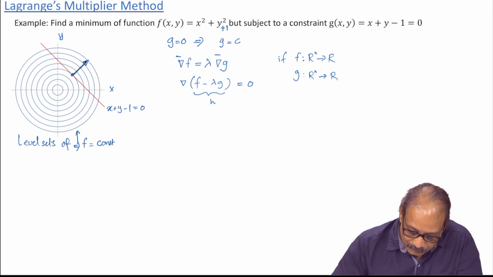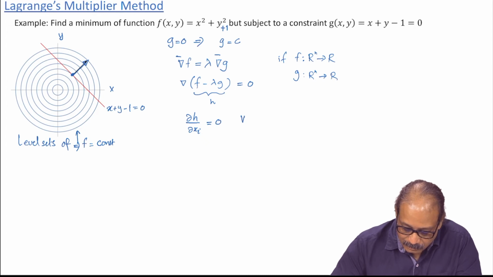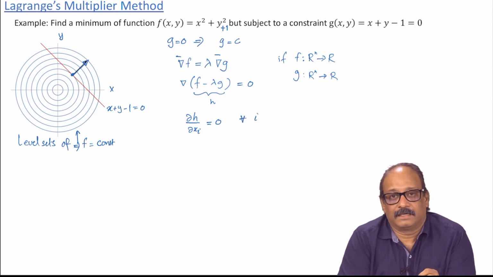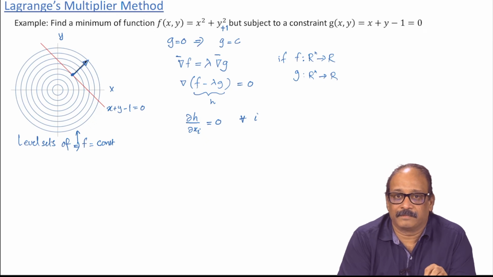This is exactly what we do when we have a standard minimization problem. Now, the gradient here must be 0. So, the partial derivative of h with respect to xi must be 0 for every xi.